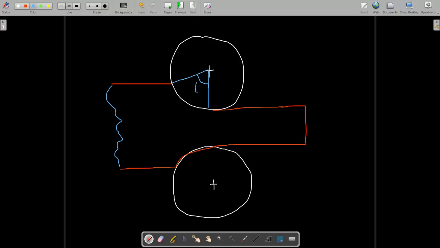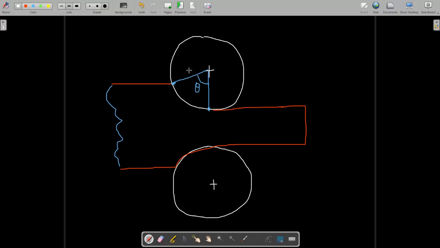Suppose we take theta. So this angle is known as angle of bite. Between these 2 points, this is the start point, this is the end point. The angular distance between them is angle of bite, and the arc distance is known as length of arc of contact, whatever you say.